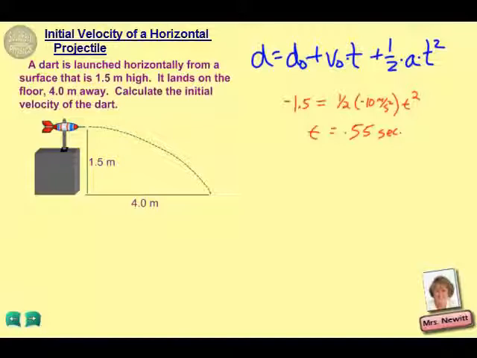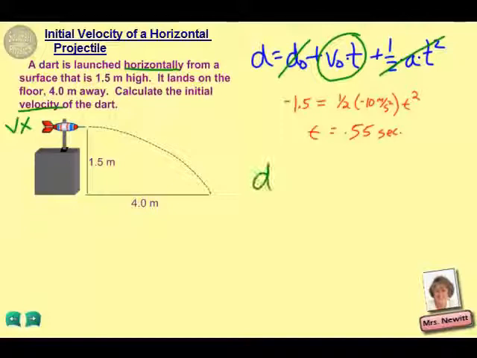Now that we have the time that the projectile is in the air, we can use that to figure out the initial velocity. Notice that it was launched horizontally. So when it says calculate the initial velocity, here we mean Vx. So we're going to look at the behavior in the x direction. If we go back to our full distance equation, notice that we can get rid of initial distance. We do have an initial velocity, but in the x direction we would not have any acceleration.